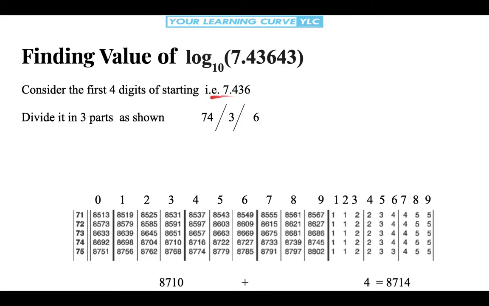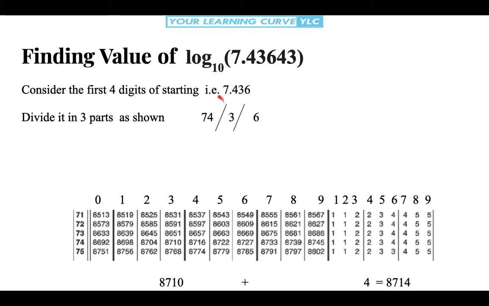You have to always divide it like this. If the numbers are 2 digit, 3 digit or 1 digit, you make it 4 digits by adding zeros at the end. Like if you get only 7, you write it as 7.000, then you write 7000.